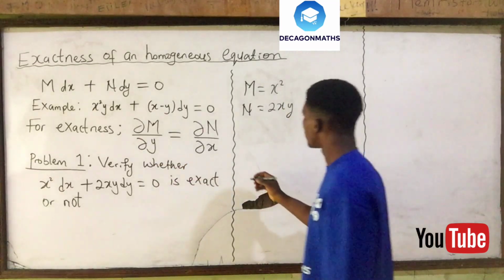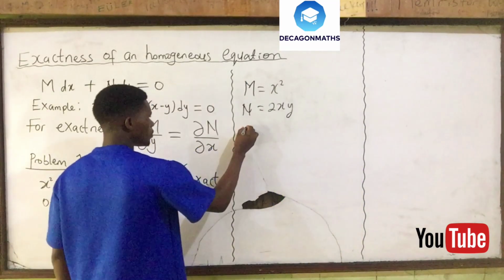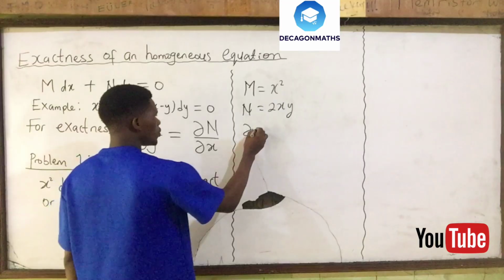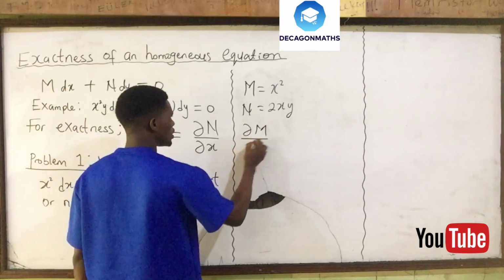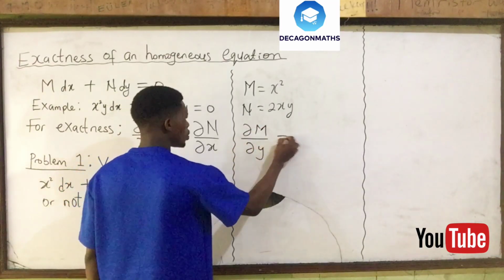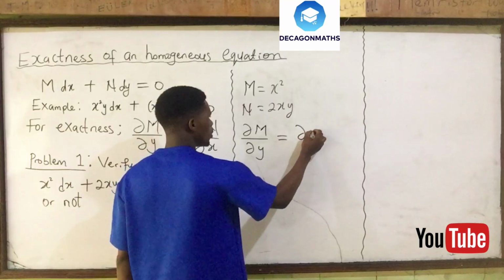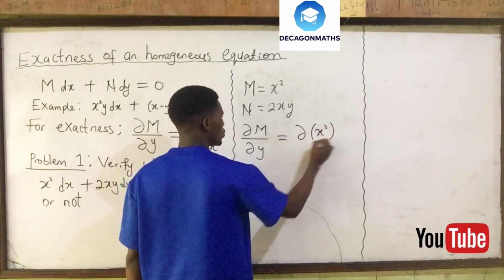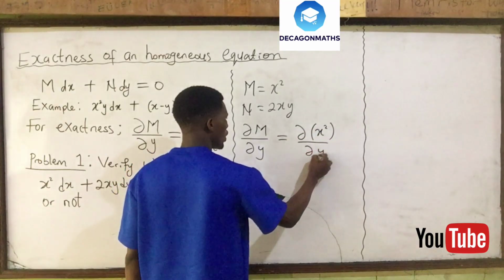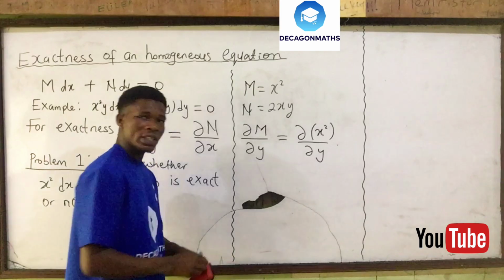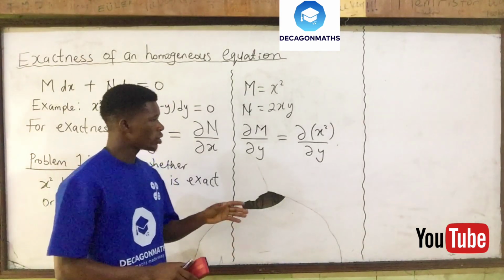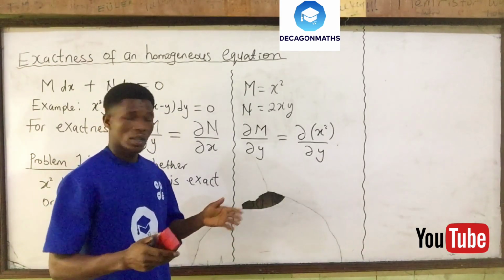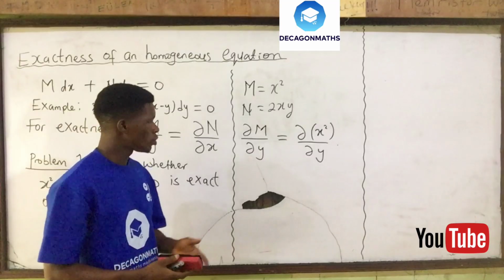That means we are going to find the partial derivative of M with respect to y, which equals the partial derivative of x squared with respect to y. Now, we are dealing with partial derivatives here, not just the normal derivative that we are used to.